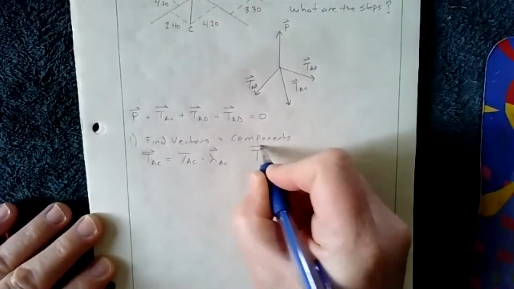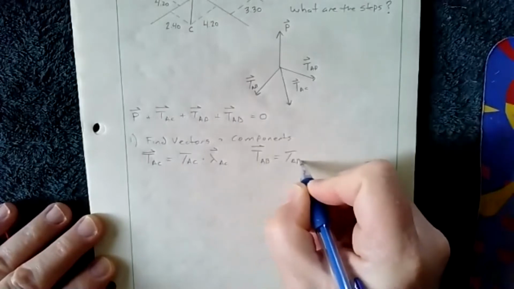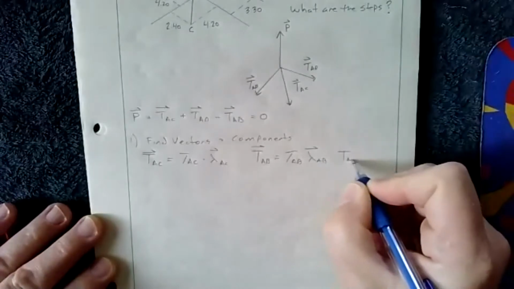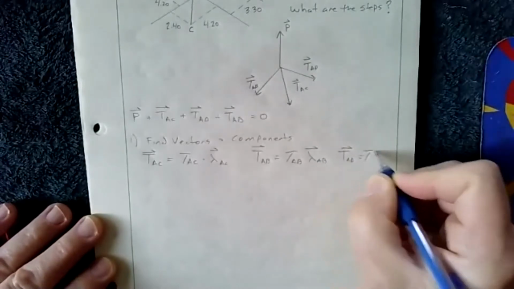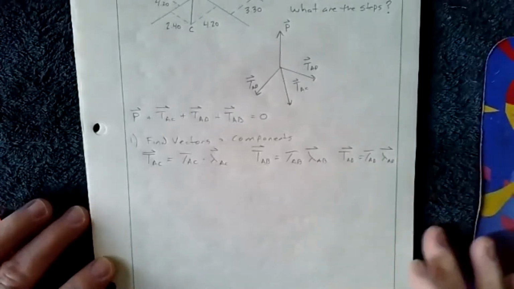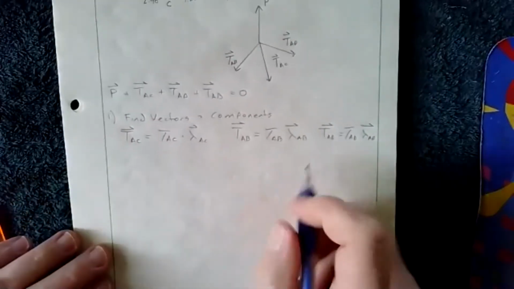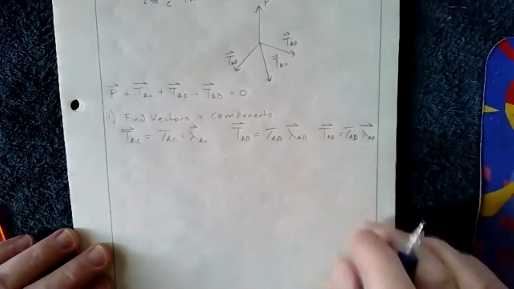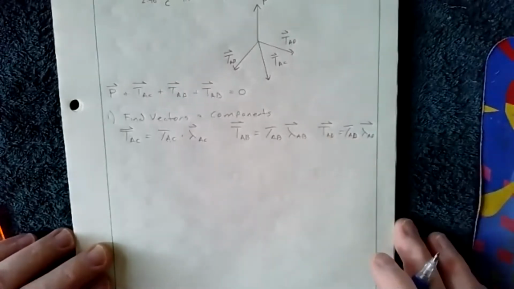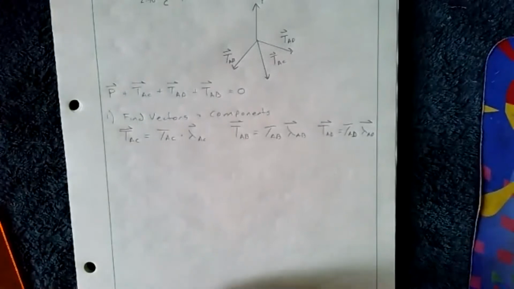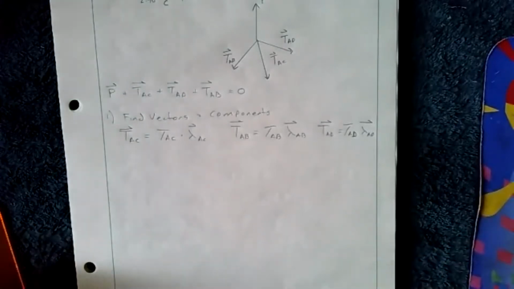Tension AB equals its magnitude times lambda AB. All right, so there they are. Those are the three: AB, AC, AD. Then for the next part, I'm reasonably comfortable just showing you what's written instead of redrawing it.